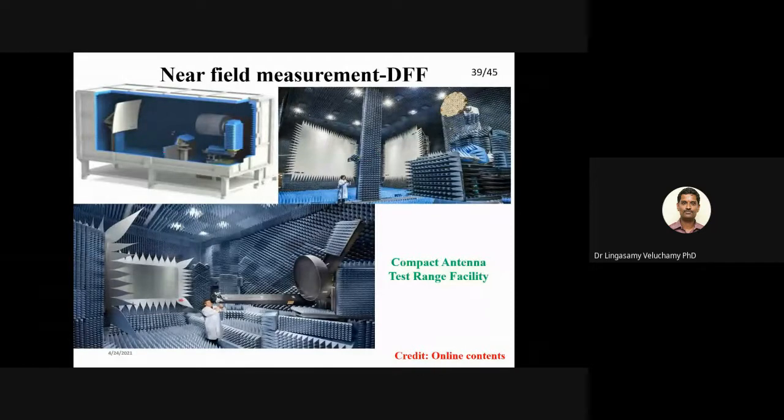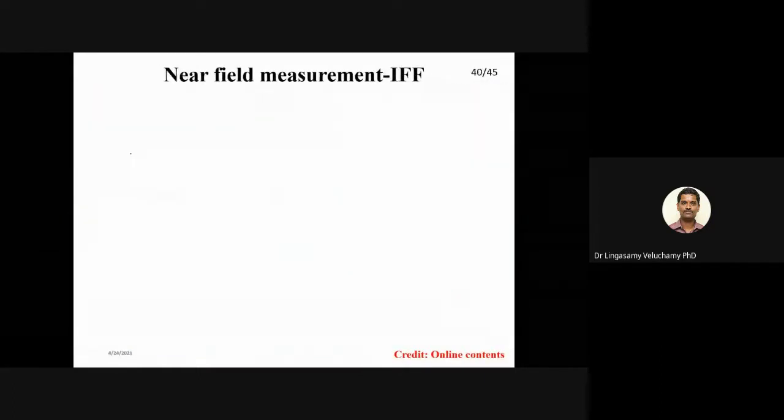They have come up with the compact antenna test range, where you can reduce the distance by using the reflector principle. With the reflector principle, achieving planar waves in a shorter distance is the fundamental phenomenon here.